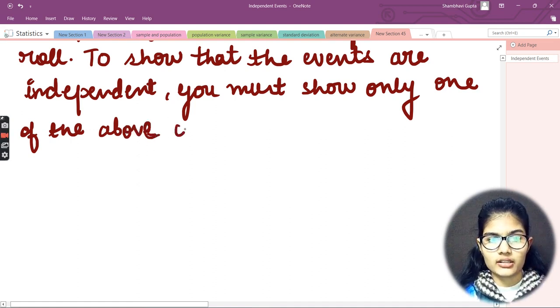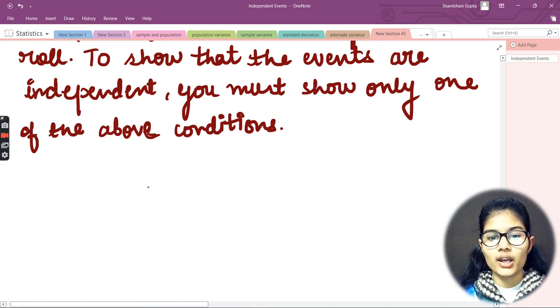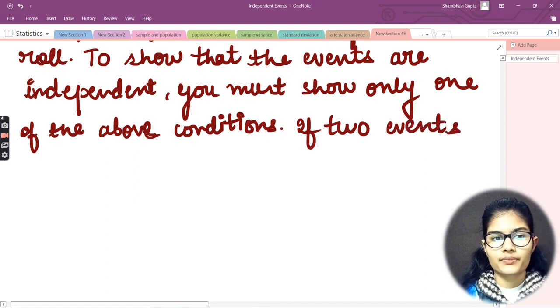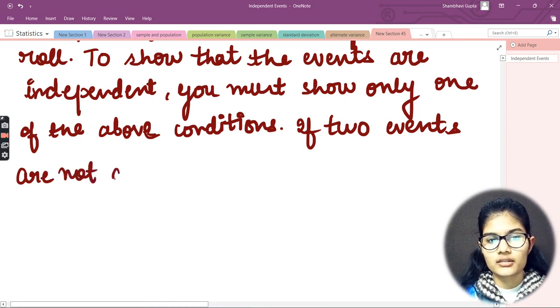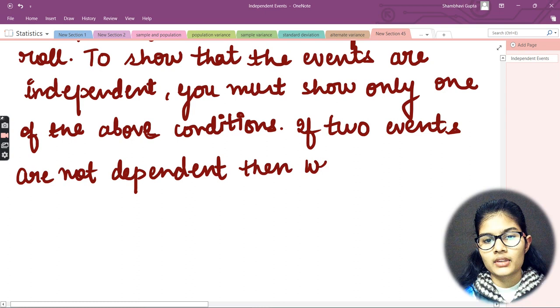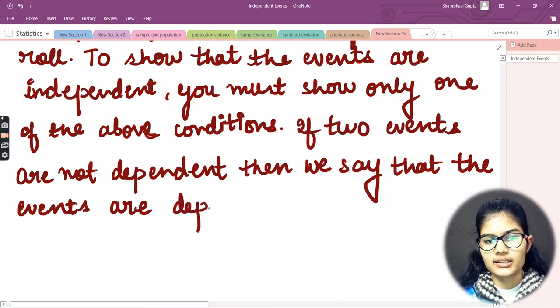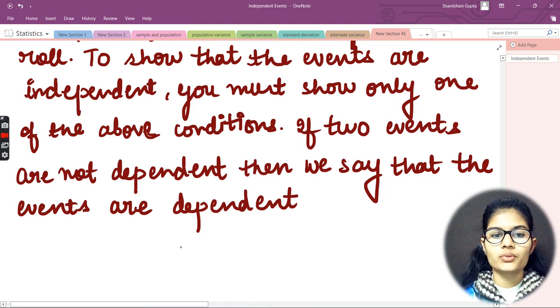Here go the conditions above. So if two events are not independent, then we say that the events are dependent.